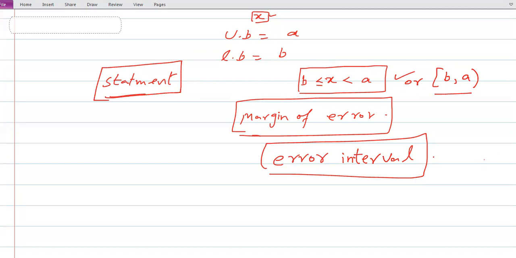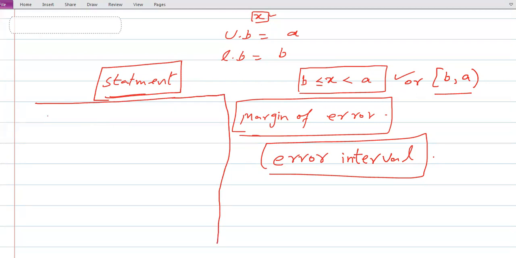Now, there are a few more things that you have to remember about the upper bound and lower bound. Sometimes we have to multiply or divide or subtract or add the numbers. In that case, there are certain rules that all of you must remember.